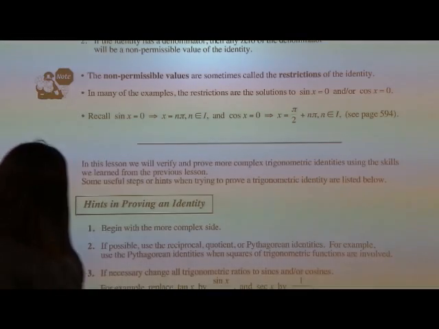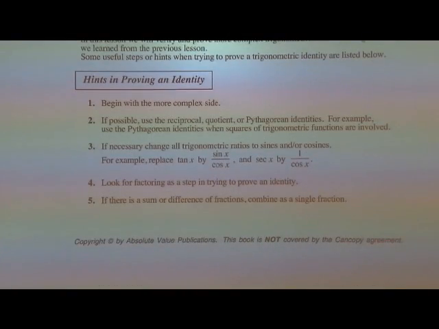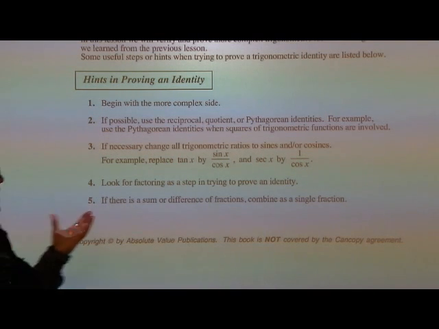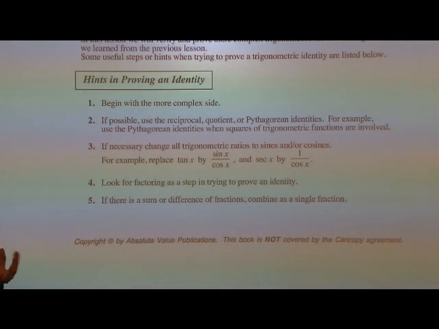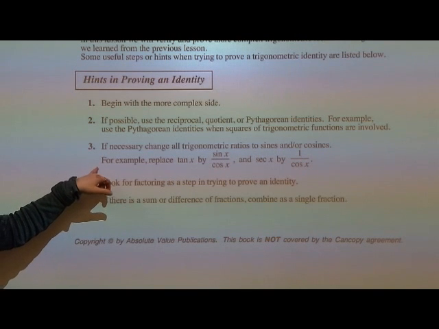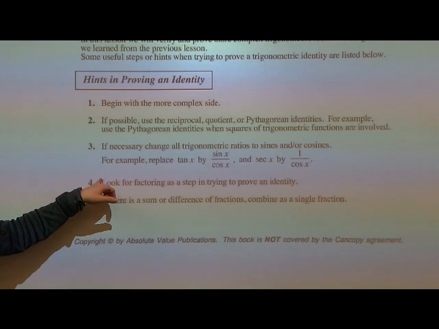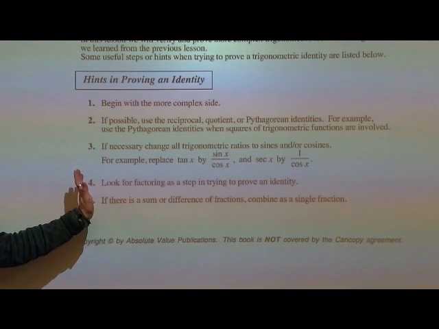So when you are proving an identity, some of the hints are as follows. Begin with the more complex side. Look at your reciprocal, quotient, and Pythagorean identities. Whenever you see a tan or a cotangent, rewrite it as a sine over cos. Actually, that is one of the suggestions: change all of your trig ratios to be sines and coses.